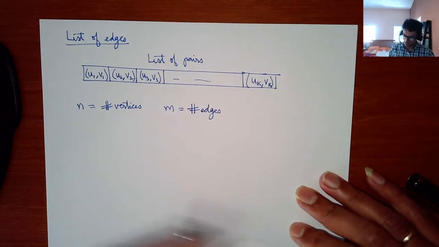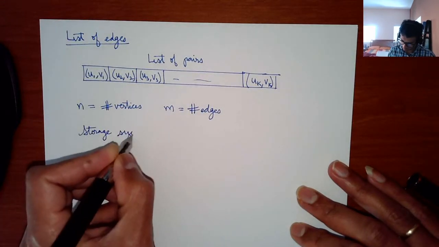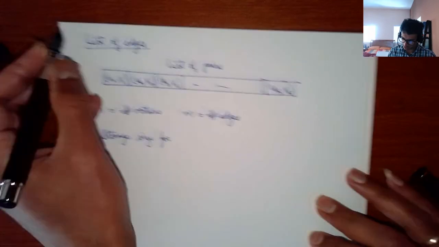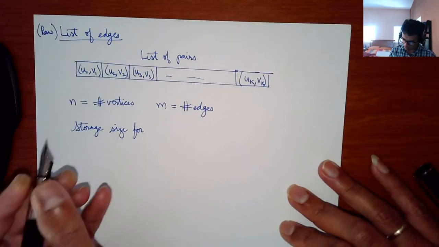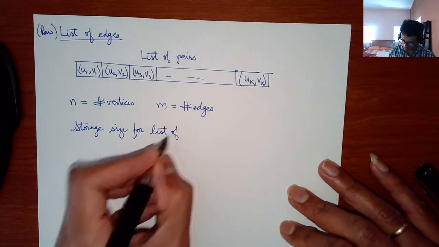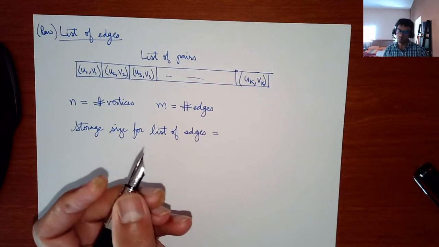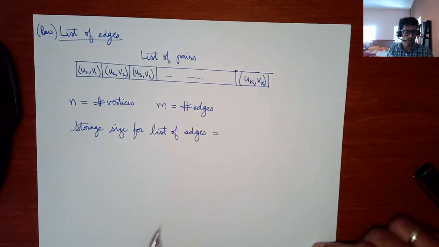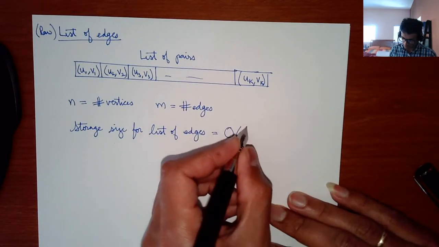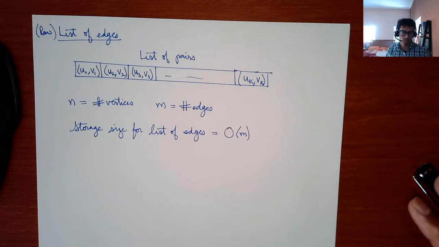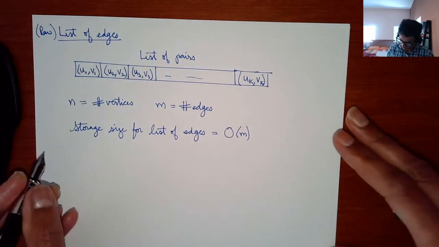So the storage size for this, also sometimes called a raw list of edges, is simply m, or O of m, depending on whether you have a linked list or how you want to store things. It's essentially just O of m, which is the best you could hope for. The storage size is simply the number of edges that are there. Okay.